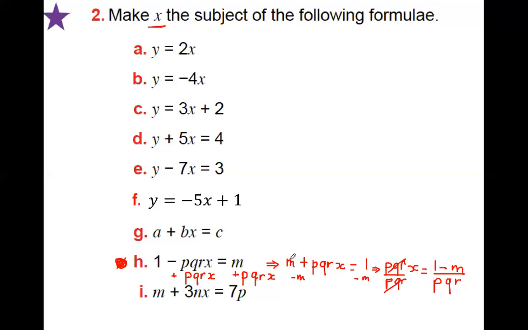If you had decided you wanted to keep the negative on that side, then you would get M minus 1, but then you would need to divide by minus PQR on both sides, and then you need to remove the negative at the bottom. That means you change the sign of both 1 and M at the top. Whereas I didn't need to do that because I'm dealing with positive numbers only.